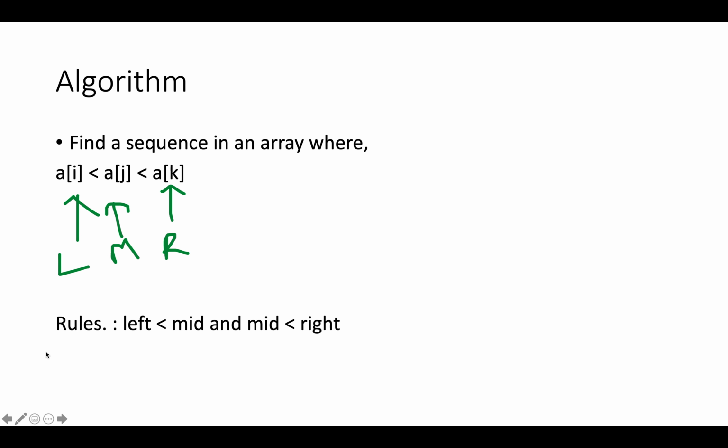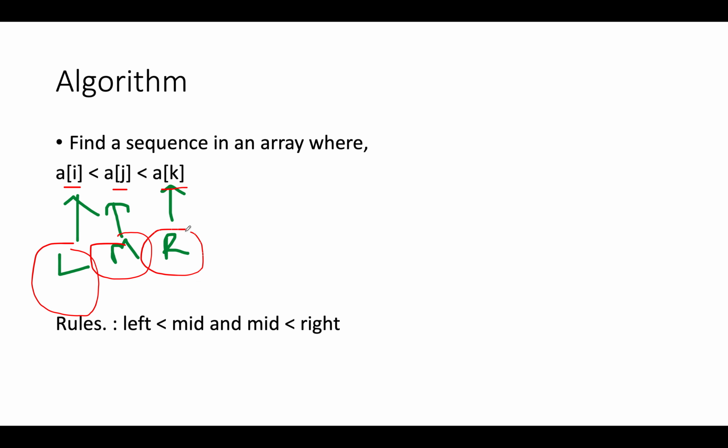The algorithm says you need to identify an increasing subsequence of size 3 such that the ith element of the array is less than the jth element of the array, which is again less than the kth element of the array. So let me just call these three numbers left, middle, and right.